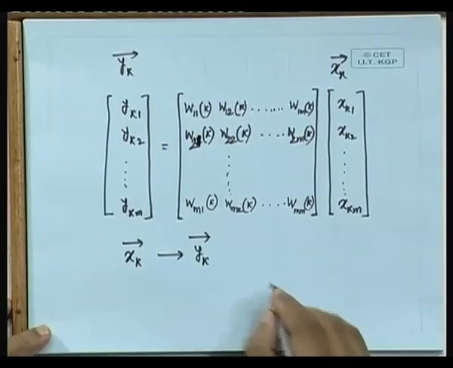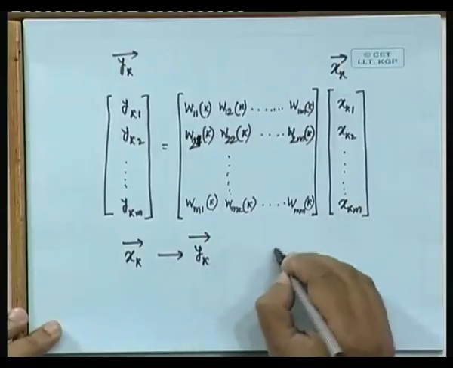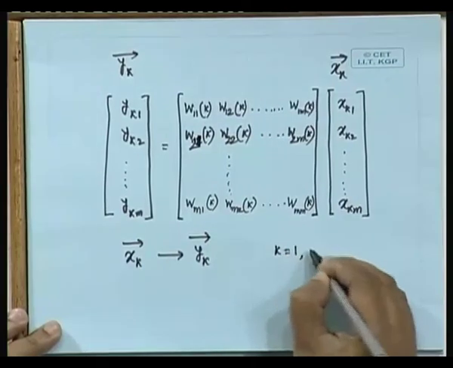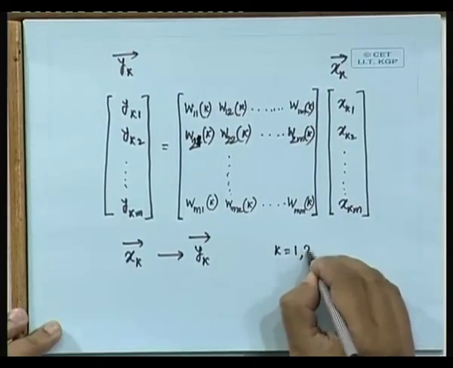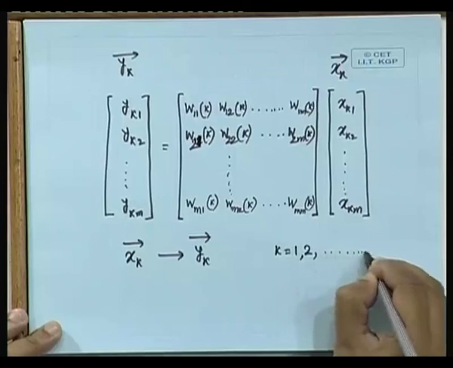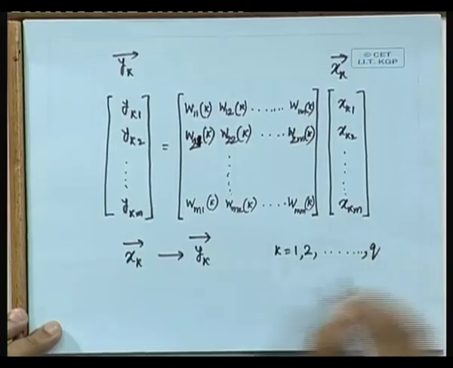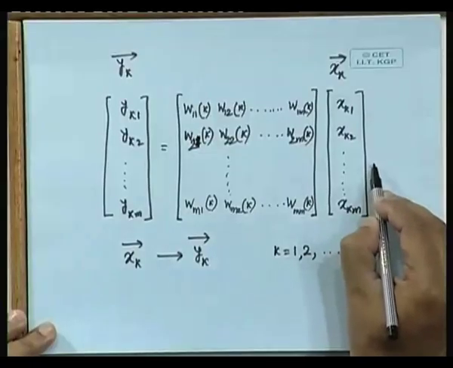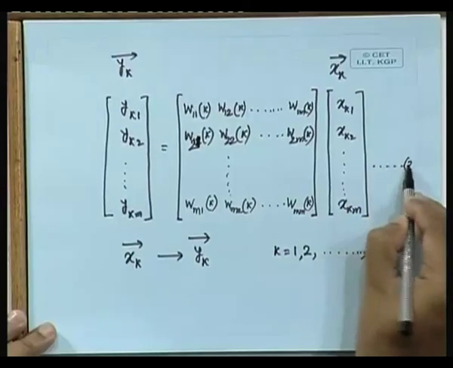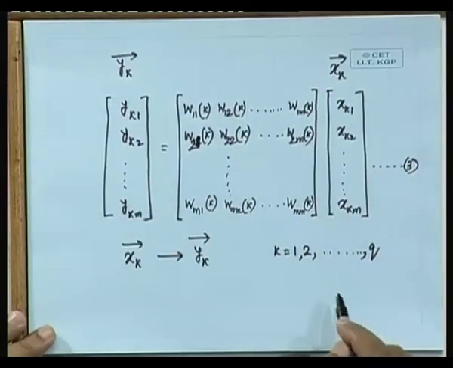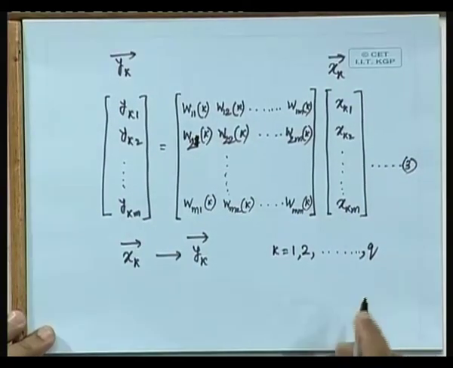Now this is not the only pattern, we are going to have many such patterns. Let us say we have patterns indicated by k equal to 1, 2, etc., up to q. So we will have a lot of such patterns. Now let us look at this matrix equation that we have got. How can we represent it?